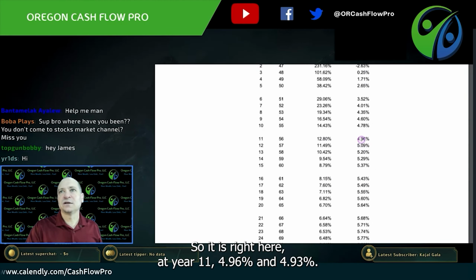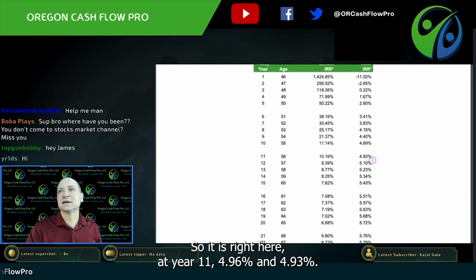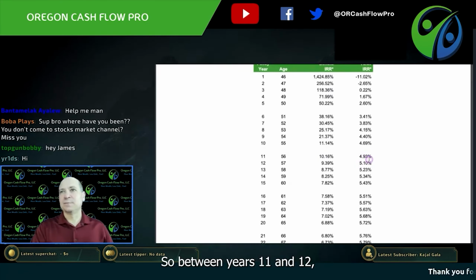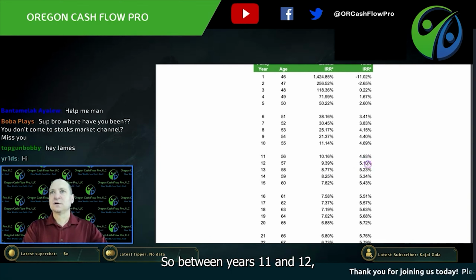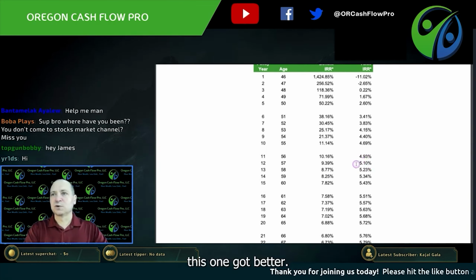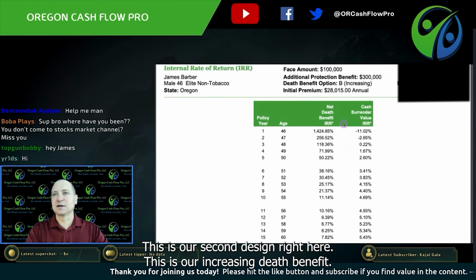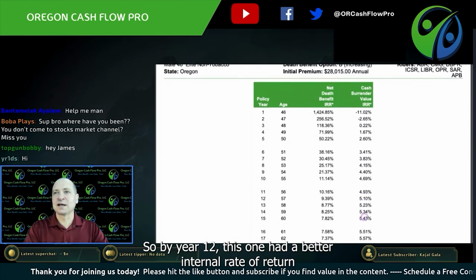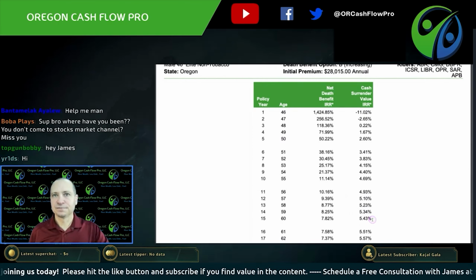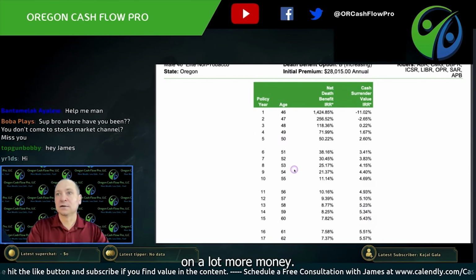Oh, so it was right here at year 11, 4.96 and 4.93. Yeah, so between years 11 and 12, this one got better. This is our second design right here. This is our increasing death benefit. So by year 12, this one had a better internal rate of return on a lot more money.